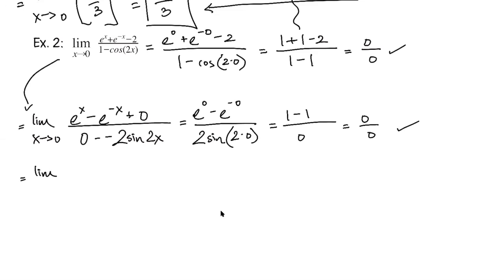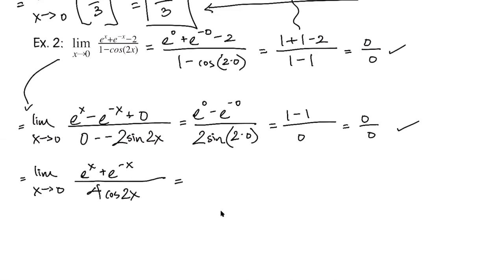So we're going to take our previous derivative and take another derivative. So e to the x is e to the x, and then this becomes plus e to the negative x. And the derivative of 2 sine 2x? 4 cosine of 2x.